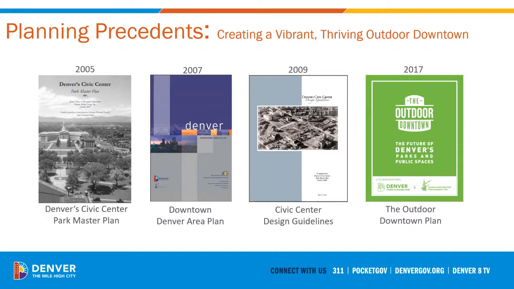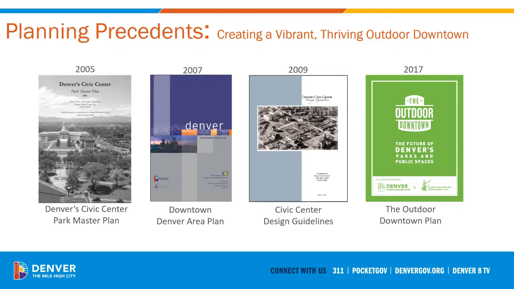Two years later, in 2007, through a collaboration with the Downtown Denver Partnership and the city, the Downtown Area Plan was created, in which one of the 5 vision elements was this idea of a green city and the idea of how important our public realm is in the downtown core.